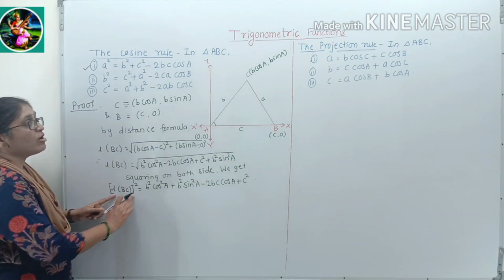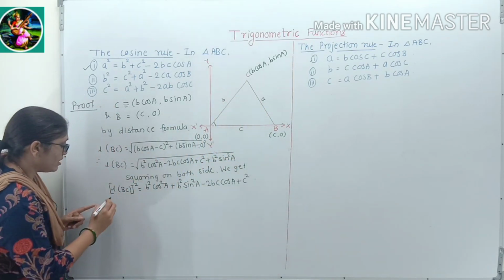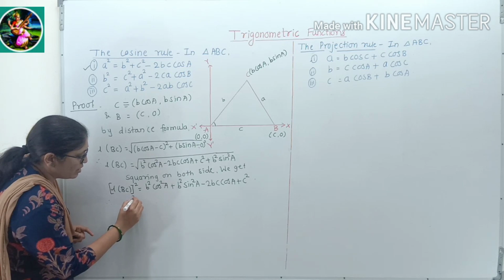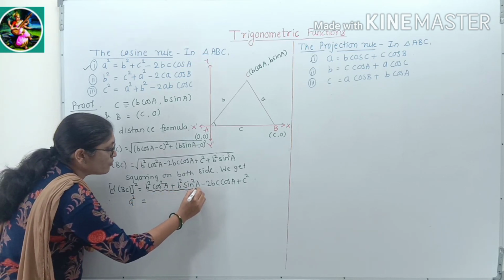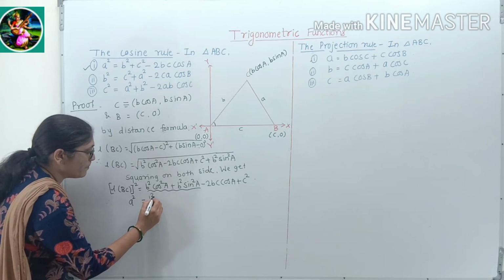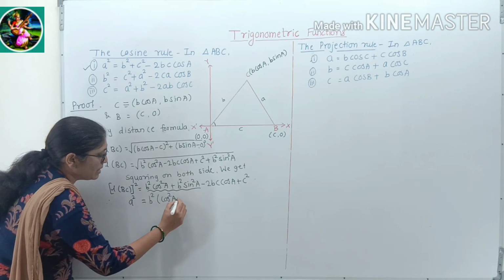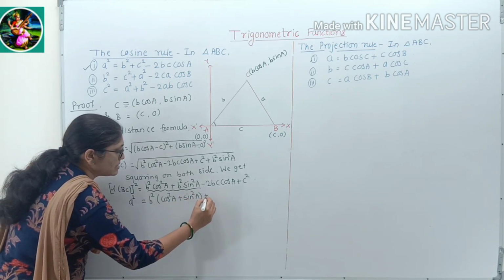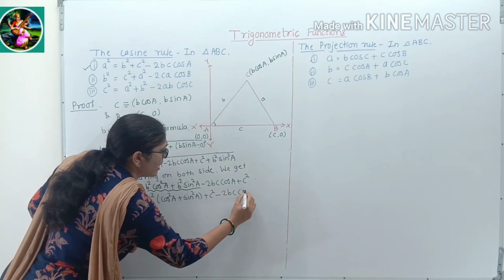Here the length of BC is a, therefore BC square is a square. Therefore a square is equal to, in these two terms we take b square common, b square into (cos square A plus sin square A) plus c square minus 2bc cos A as it is.